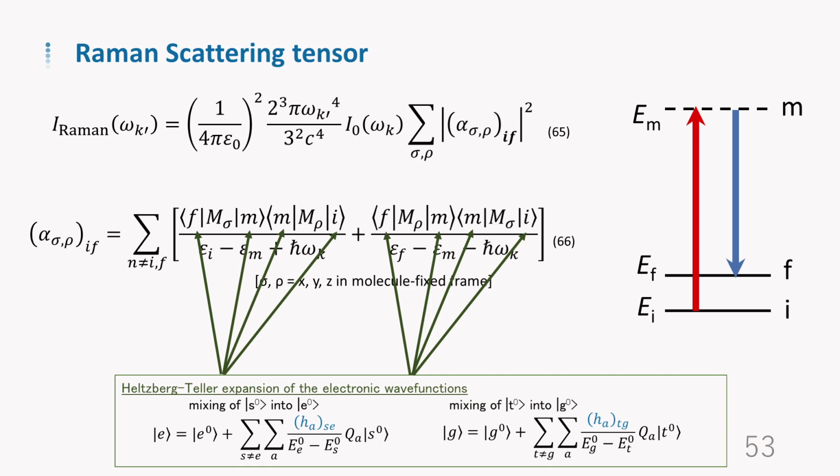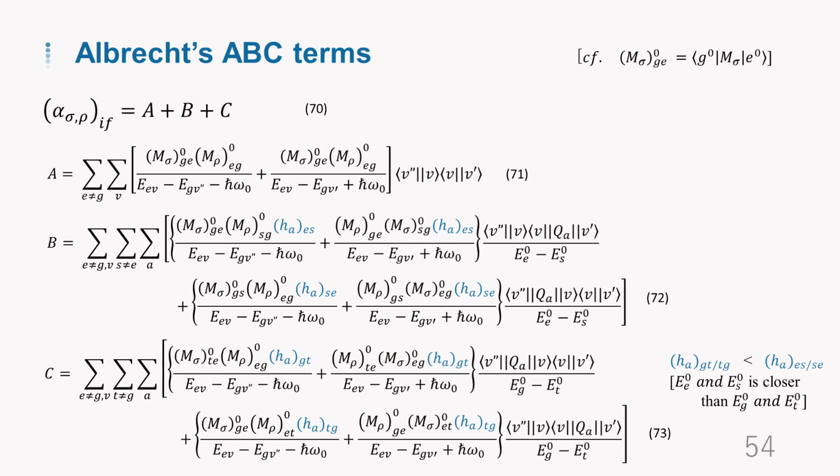The denominator is smaller in the case of EE minus ES than EG minus ET. So this mixing term is larger than this mixing term. So typically, A has the largest contribution, B is the second largest contribution, and C is negligibly small in most cases.